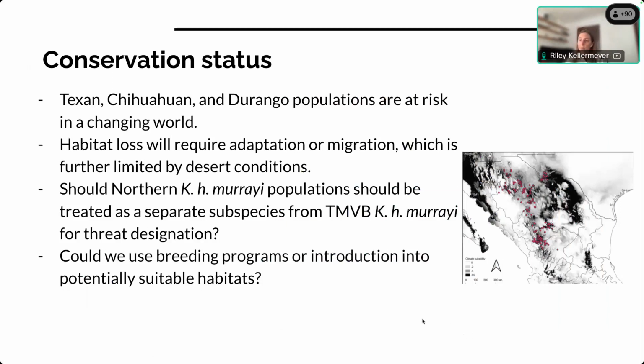And then there's also opportunities where we could use captive breeding programs, or even try to introduce turtles into these identified, suitable habitats in Coahuila in order to give them a better fighting chance in an uncertain climate future. So those are questions that we are all asking, and I hope other people are asking too.